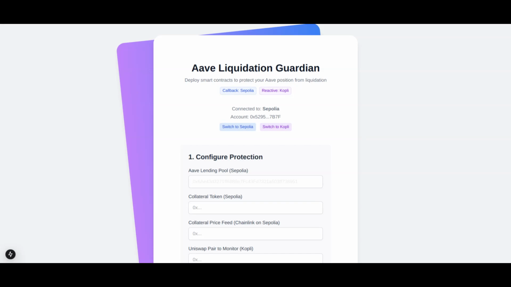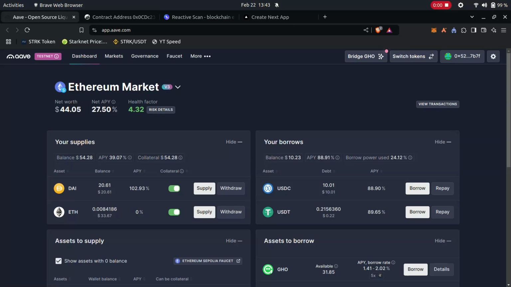And then we also have to provide a Uniswap pair, which we will be monitoring for any price changes. On top of that, we have to also provide a health factor threshold and a target health factor. These are a few parameters that we have to provide to both of the contracts.